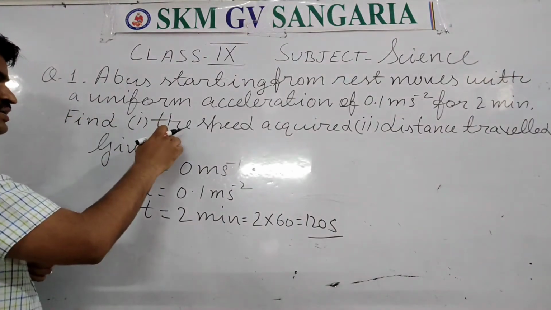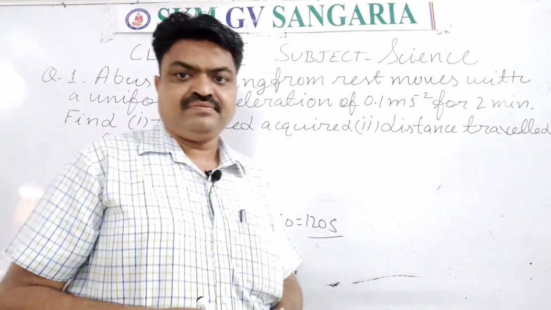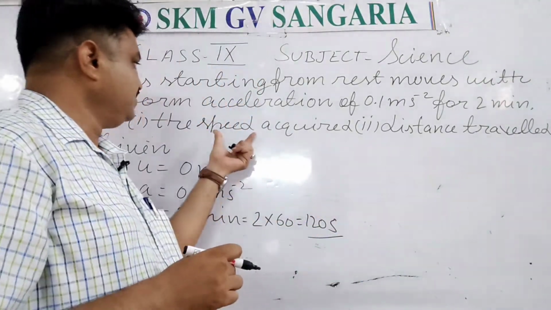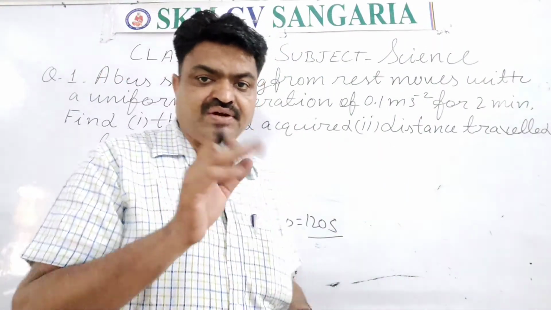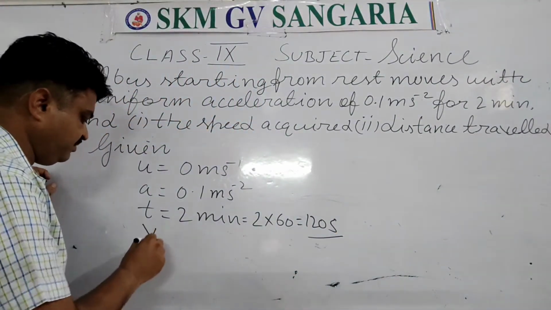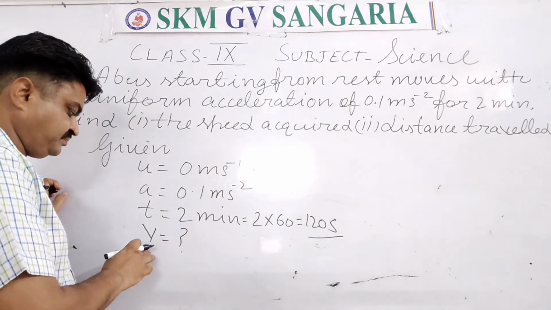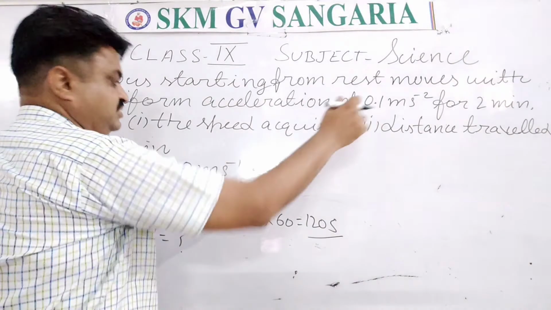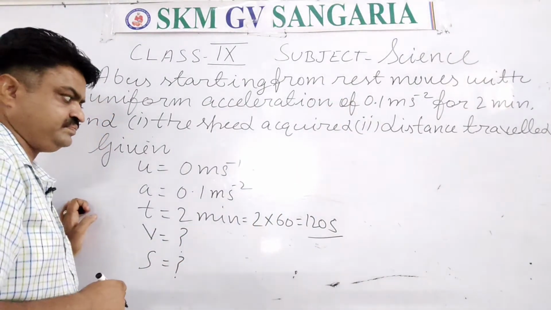Now the quantities that are asked in the question, what is asked? That is written here, speed acquired. Speed acquired means final velocity. Final velocity we will try to find out, and with this, distance traveled we will try to find out.